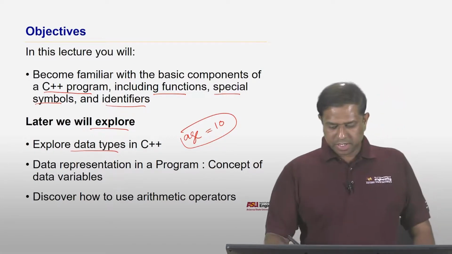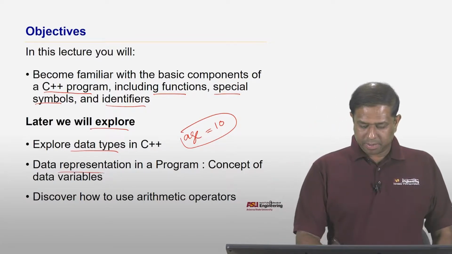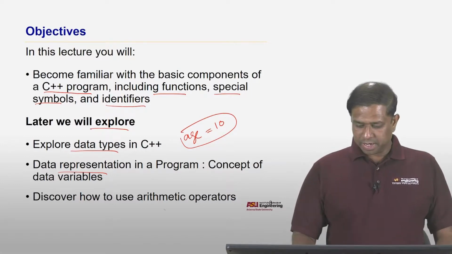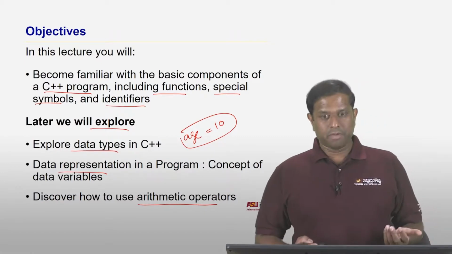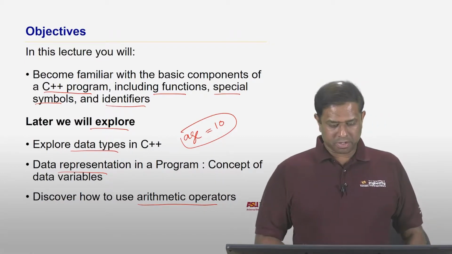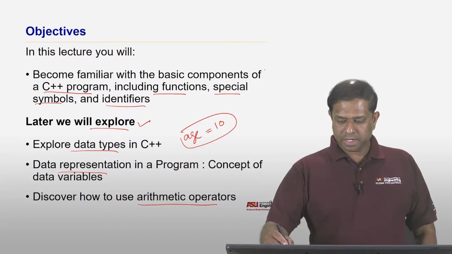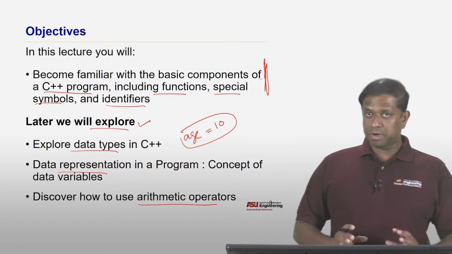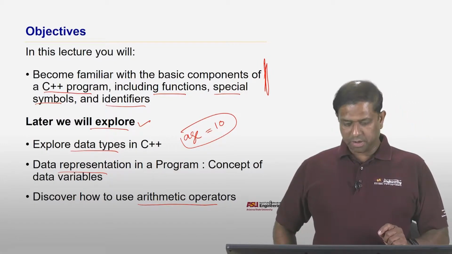These things are called variables. So we'll look at data variables and data representation, and then operations that we can do with these data items: arithmetic operations in general, but we can perform logical operations also. In another lecture we'll explore this, but in this lecture we are going to take a closer look at different components and ingredients of a program.